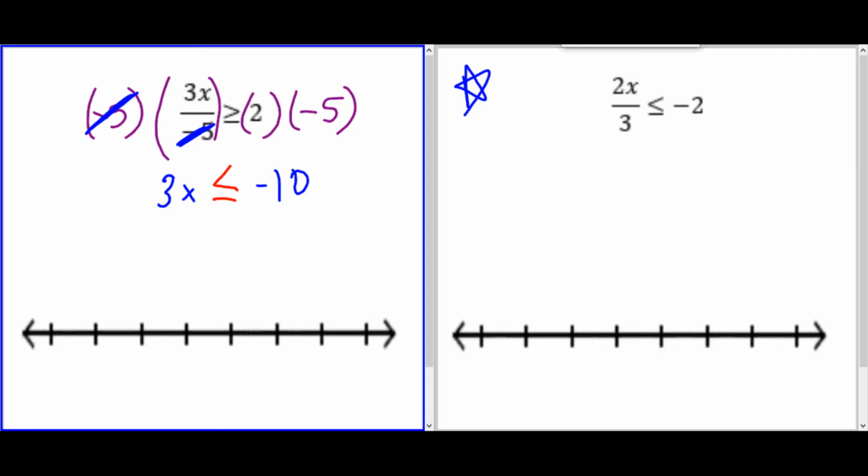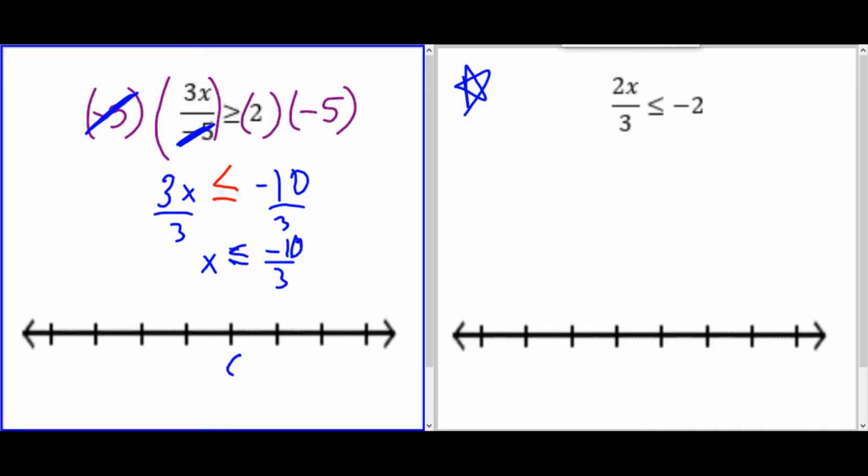The next thing we're going to do to get x by itself is divide by 3. So I get x is less than or equal to -10/3. Since we're putting this on a number line below, we're going to want a decimal. As a decimal, -10/3 is -3.33.